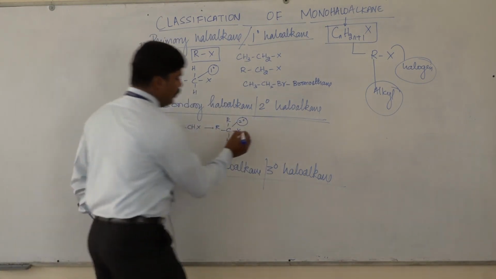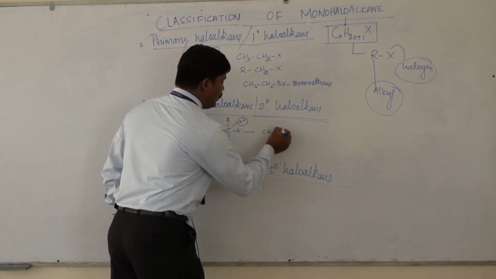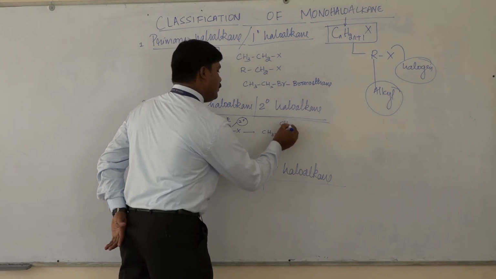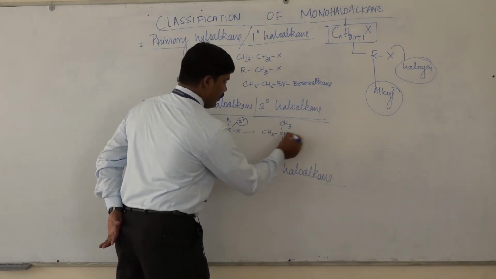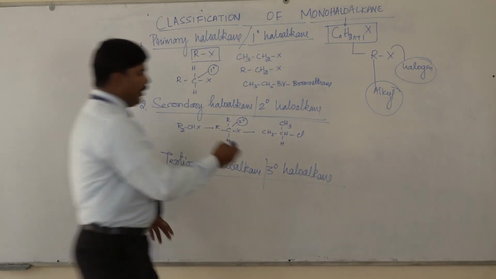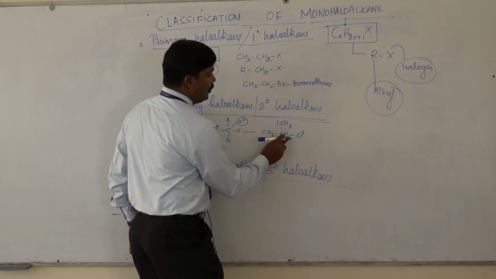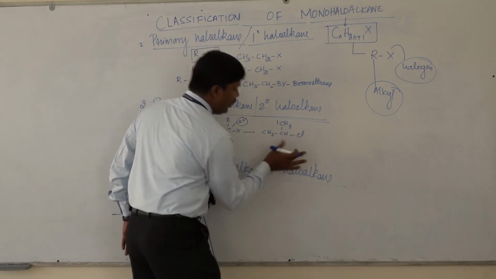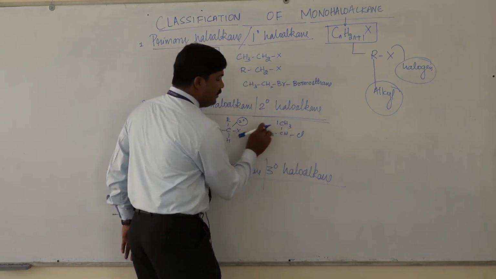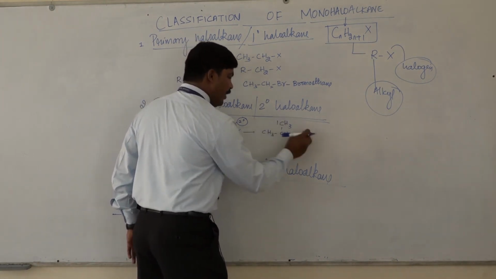Let me give an example: CH3-CHCl-CH3. The carbon here has two methyl groups, a hydrogen and one halogen. It has two R groups and one halogen.